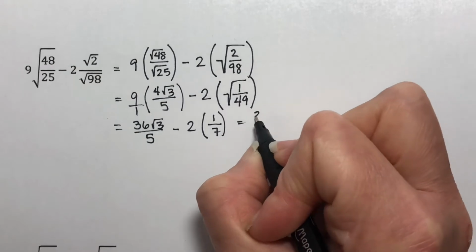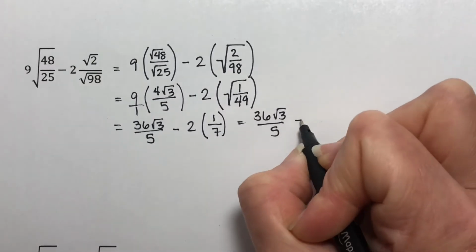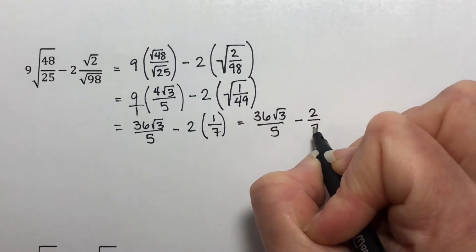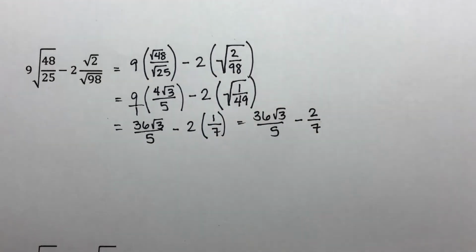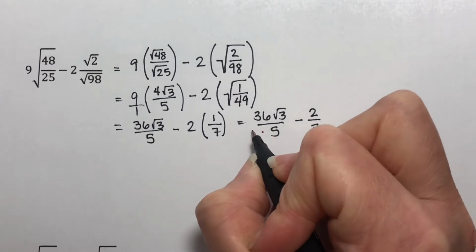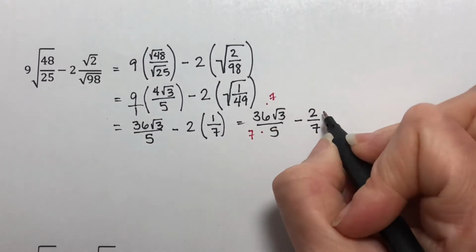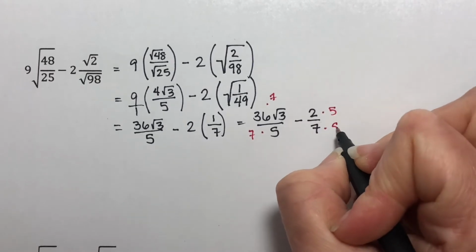So this is 36 times the square root of 3 over 5 minus 2/7. Now we need to get a common denominator and combine them. With 5 and 7, our easy common denominator will be 35. So I multiply both of these by a 7 and multiply both of these by a 5.